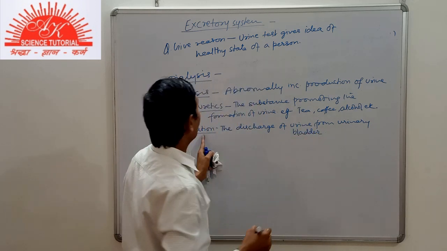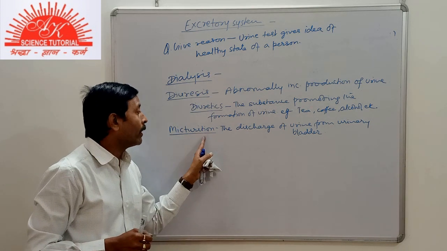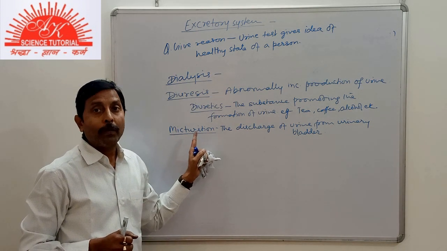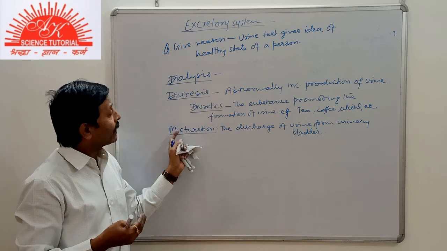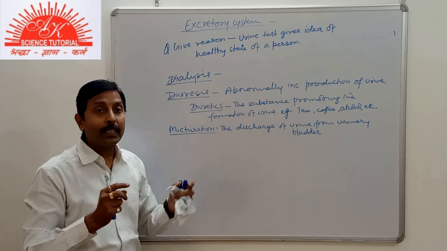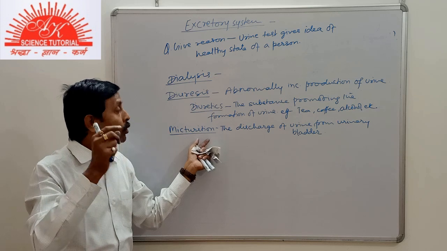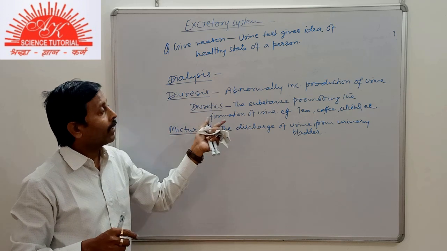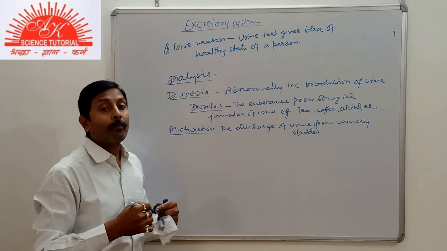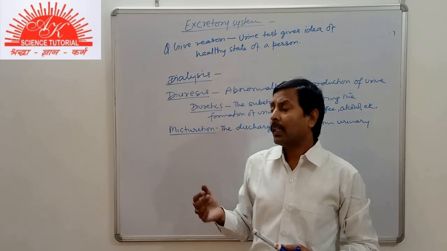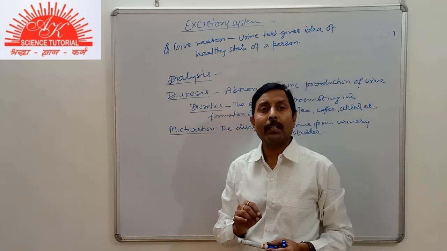Now, micturition is a voluntary act. It means when we require, when we tend, then it starts. But once started, it becomes involuntary. It means it will stop only when the urinary bladder becomes empty. So this is micturition. Now, two terms related to it, gout and kidney stones, are also explained.